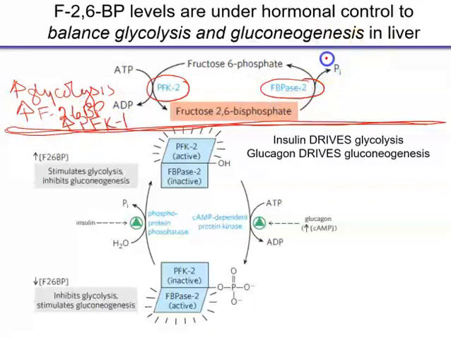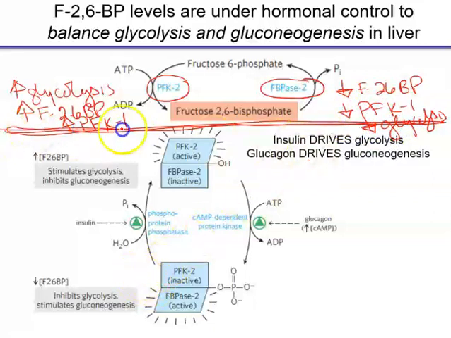Fructose 2,6-bisphosphatase is going to deplete the amount of fructose 2,6-bisphosphate and therefore reduce the activity of PFK1 and reduce the activity of glycolysis. Don't skip steps, okay?